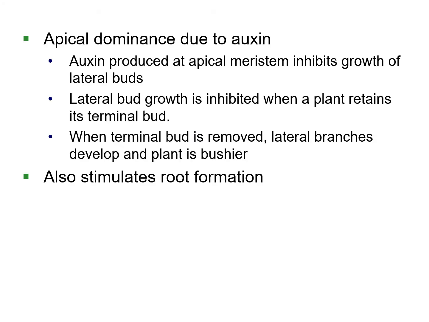The other thing auxin does is it's important for apical dominance. Most plants will grow up, right? They grow tall because of their apical meristems. Their terminal bud is at the top, and when the terminal bud is removed, the lateral branches start to develop more because the auxin has nowhere to go, and the plant becomes bushier.